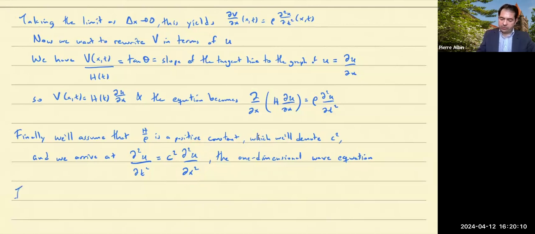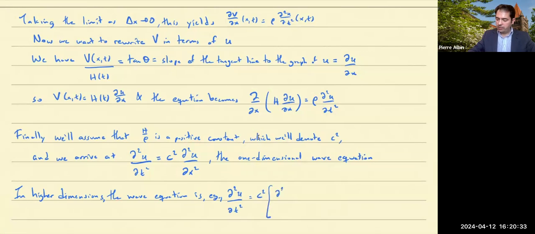In higher dimensions, for example, in three spatial dimensions, the wave equation is: the second derivative of u with respect to t is equal to c squared times the second derivative of u with respect to x plus the second derivative of u with respect to y plus the second derivative of u with respect to z.